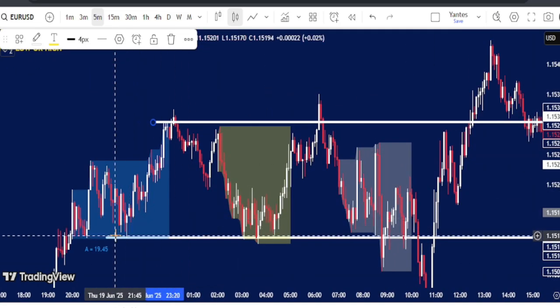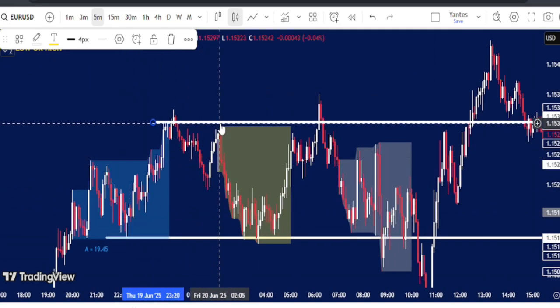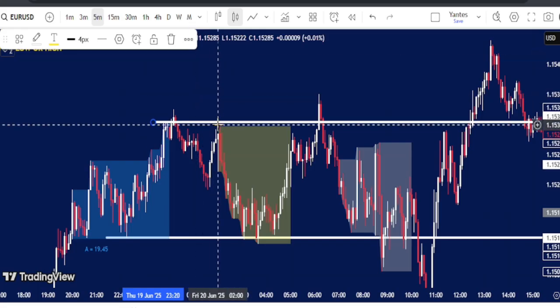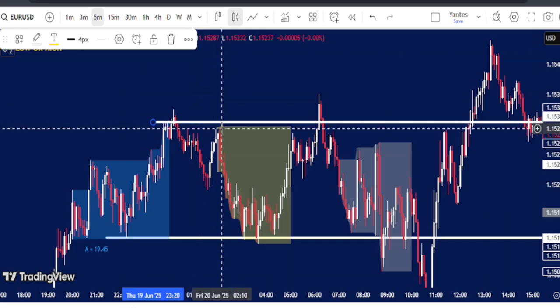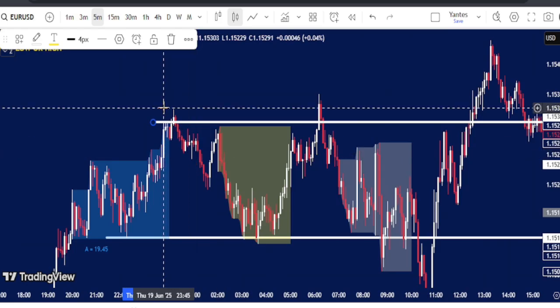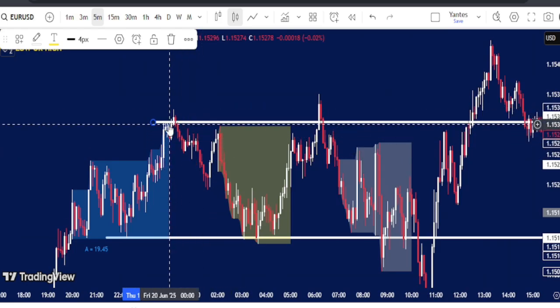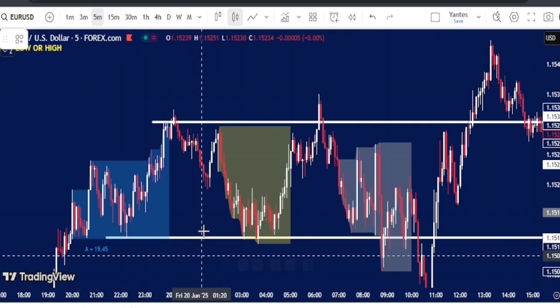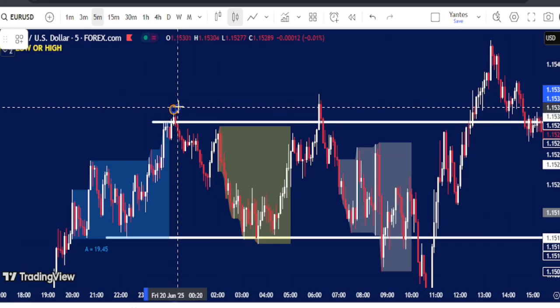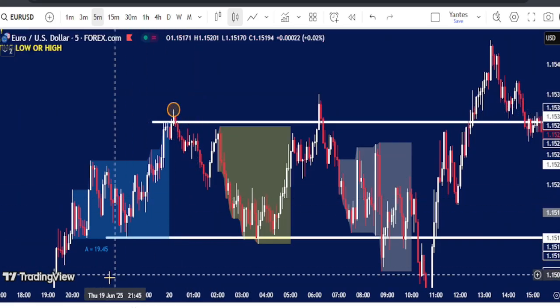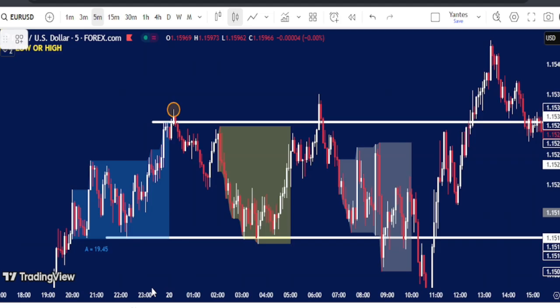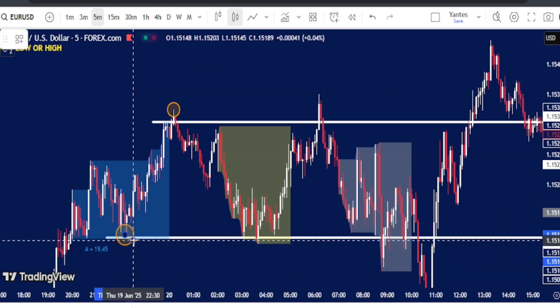So when the London session begins, we wait to see what it will do. We were either supposed to wait for this high to be taken out, or the market to go down and take these lows first.